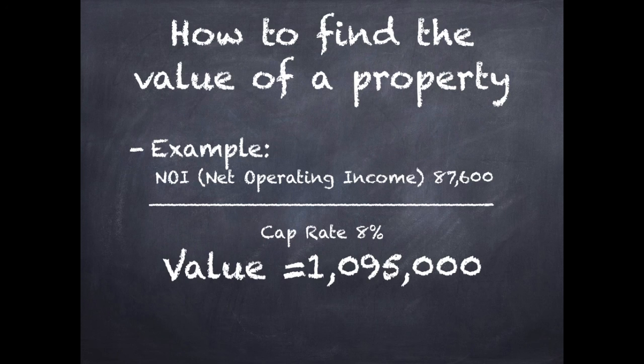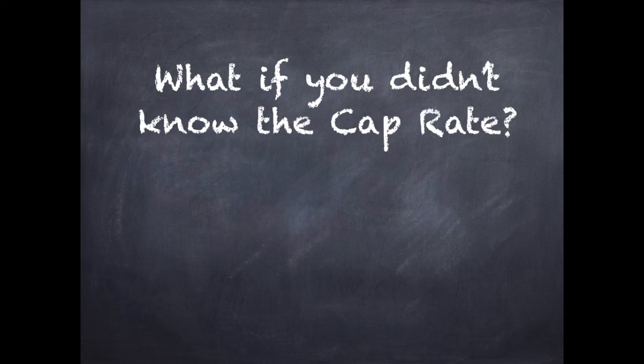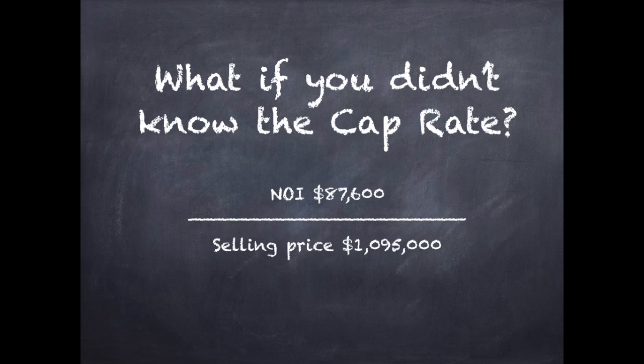What if you didn't have the cap rate and you needed to know it, but you had the selling price and the net operating income? Here we go again. We have the net operating income of $87,600 over the selling price of $1,095,000. Once again, you divide, and this way you're able to get the cap rate, which in this case is 8%.